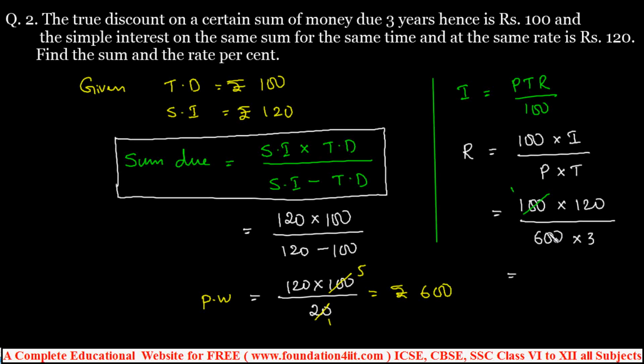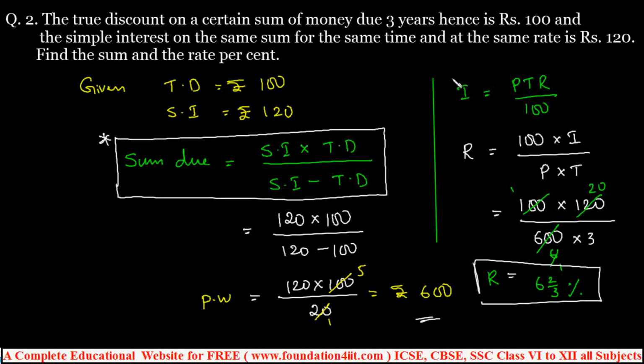Simple. 100 times 1, 6, and 6 ones are 6, 2s are 12, 20 by 3. 20 by 3 is 6 2 by 3 percentage. So that is the rate percentage, right? R is equal to 6 2 by 3 and the sum due is rupees 600. Just formulas are applying clearly, and this is also a common formula, you know it. So in this way you can calculate.